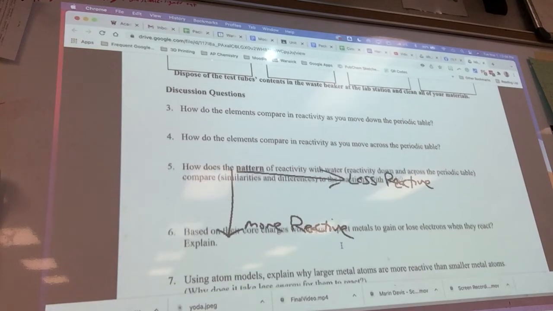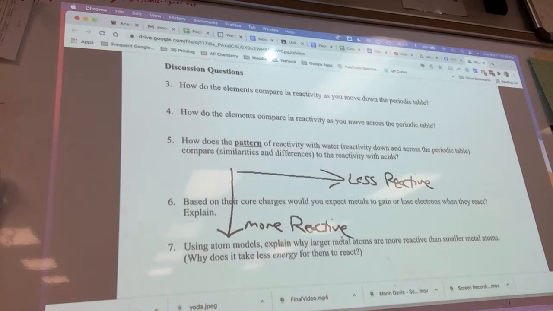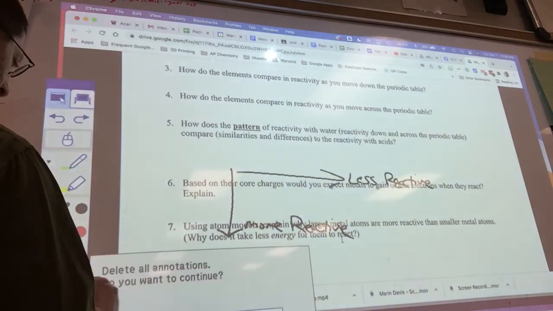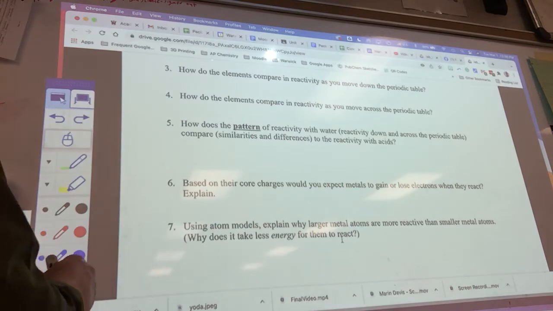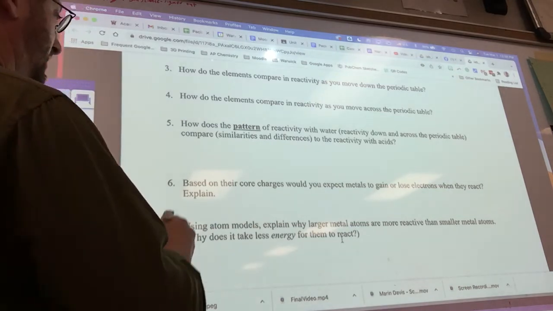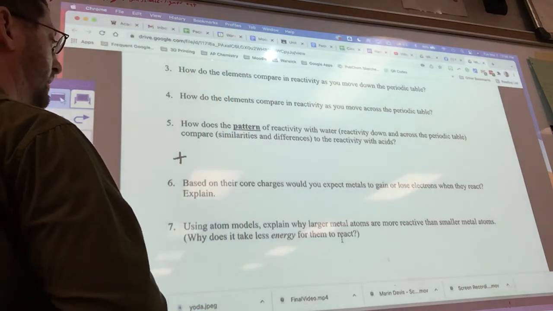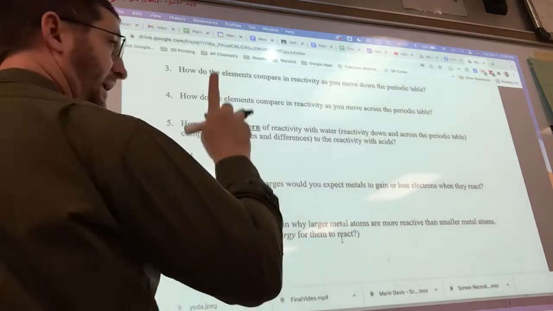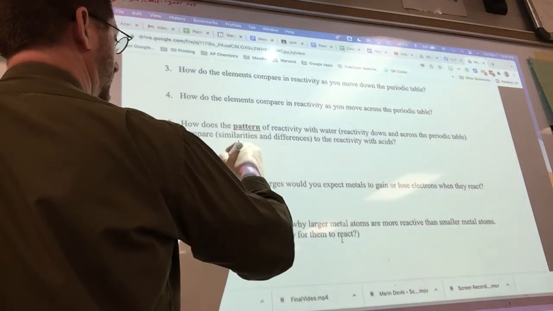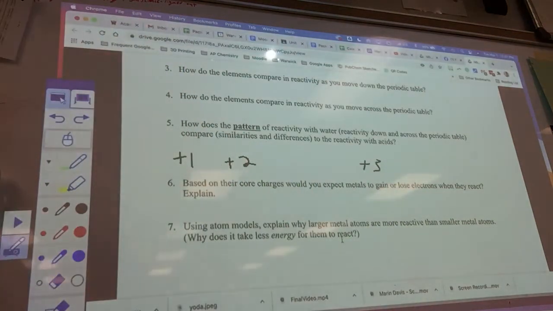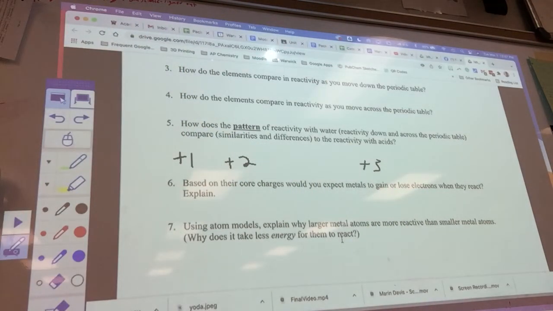Group 6, based on their core charges, would you expect metals to gain or lose electrons when they react? Okay, they are positive. Sodium and potassium both had core charges of what? +1. Magnesium and calcium were +2, and if we take a look at aluminum over here, that was a +3. So they are positive. They would be attracted to negatives. What is your impression of those positives?